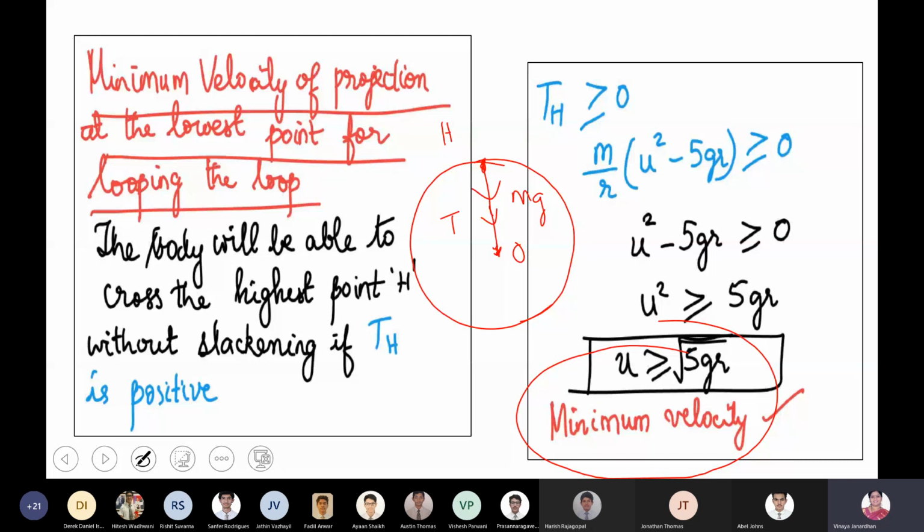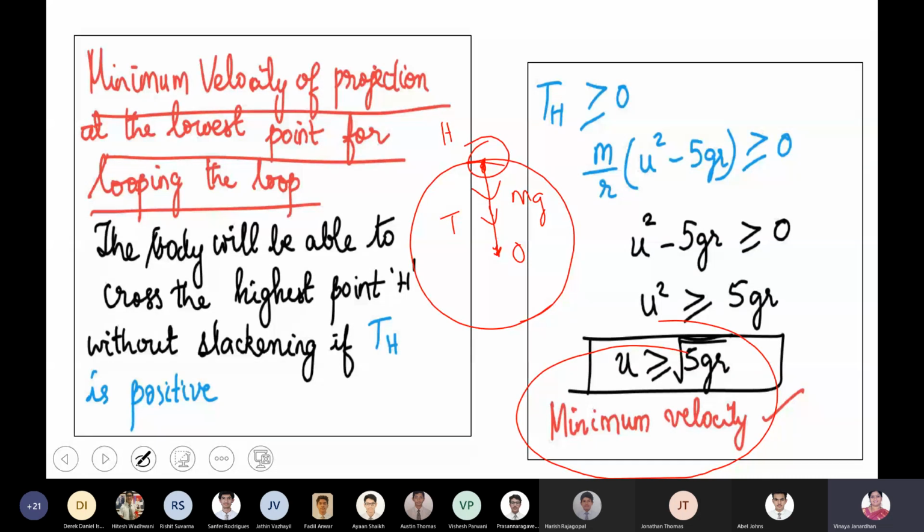Generally water will spill out. But if you whirl the bucket with a certain minimum velocity, when it reaches the highest point, no water will spill out.